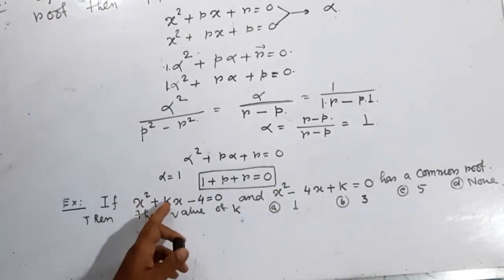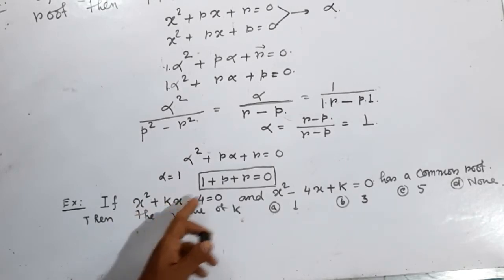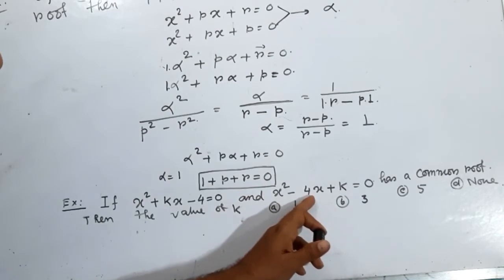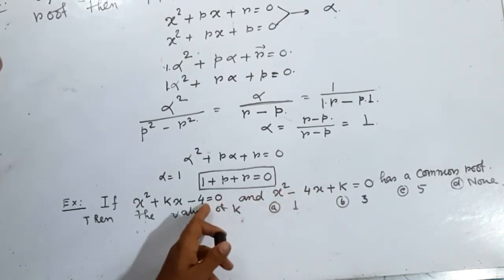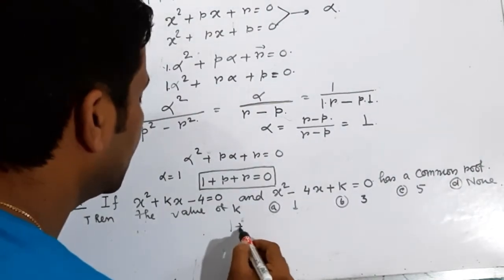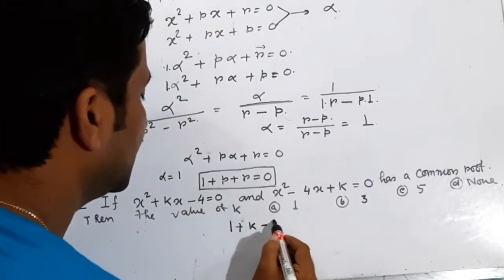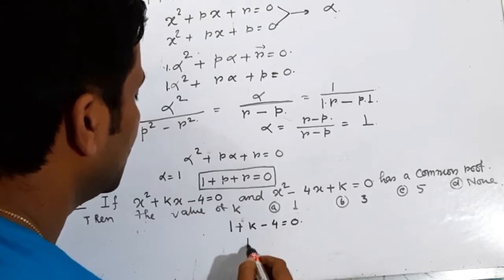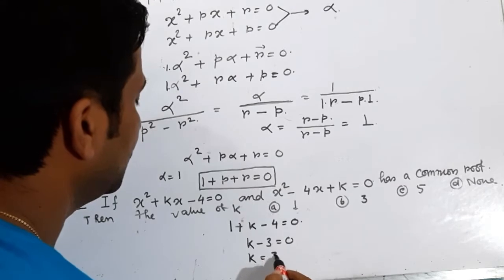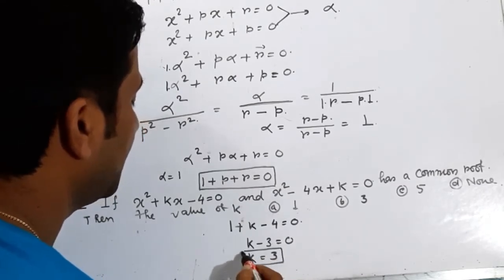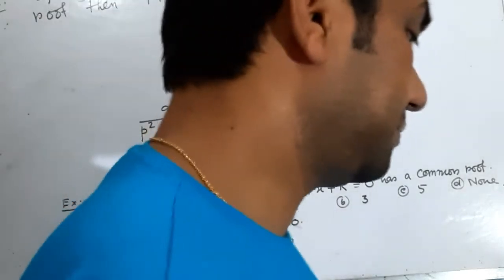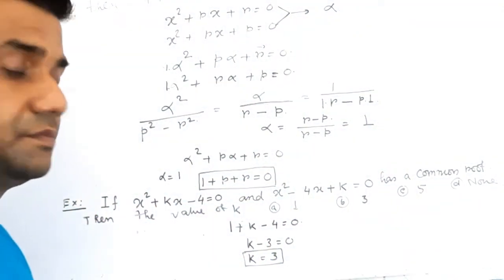Here the coefficient of x in this equation is a constant in the other equation. So we get 1 plus k minus 4 is equal to 0. That means k minus 3 is equal to 0. That is k is equal to 3. This is your answer. So B is the correct answer.